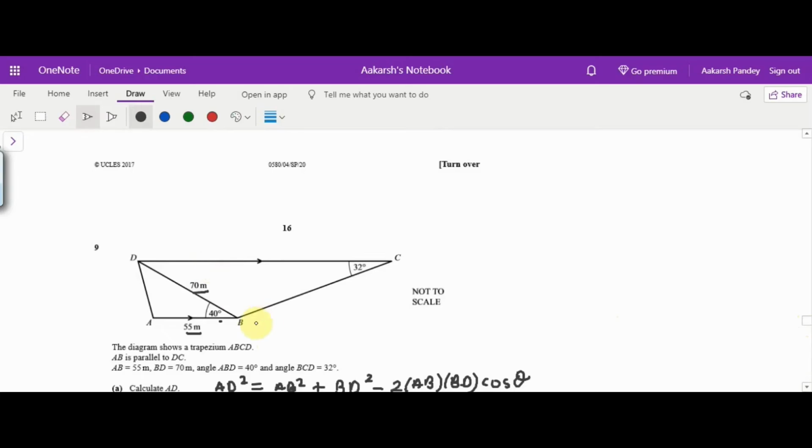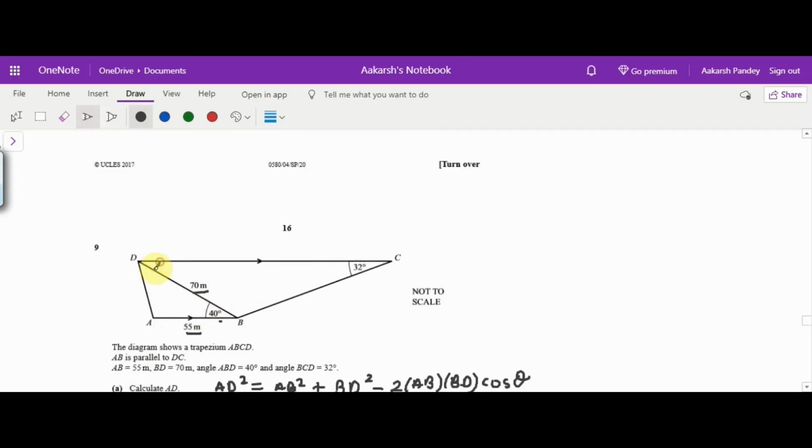Next, what they're asking us is to calculate BC. Here, to calculate BC, I have one side and one angle only. Now I am assuming this triangle DBC. One additional piece of information is AB is parallel to DC.